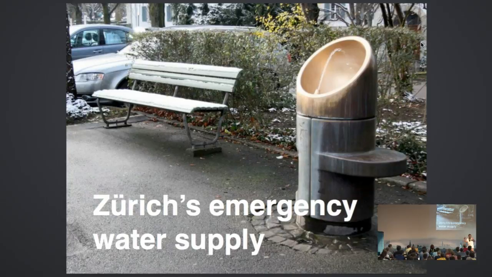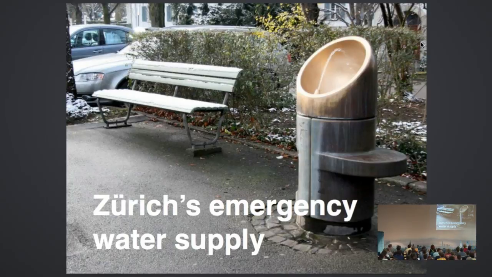If the household water supply is polluted, for example, people can fetch water from these fountains. Now, these fountains don't look very practical. They won design awards for several reasons, because you can stand up here and drink, and there's a thing for the dogs, but they don't really look practical if you want to get a bucket of water.